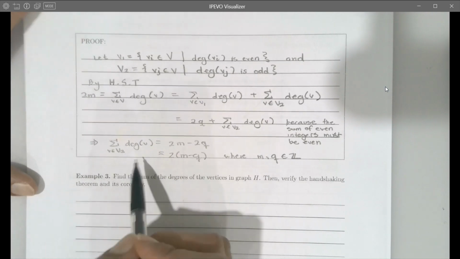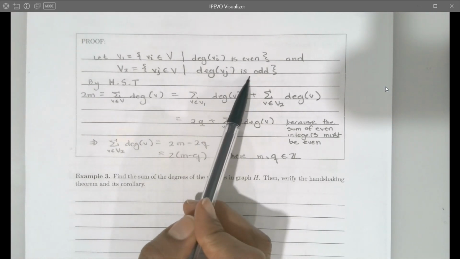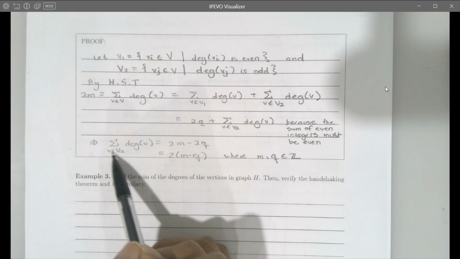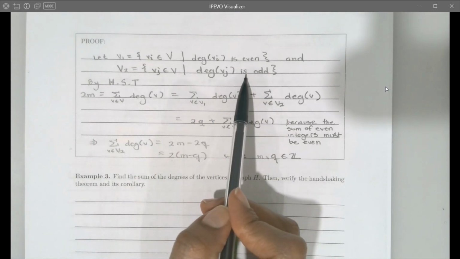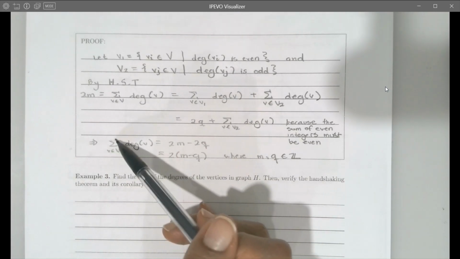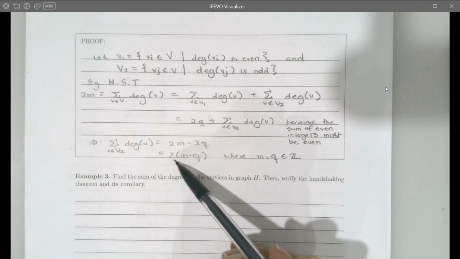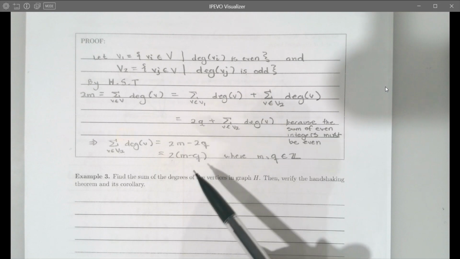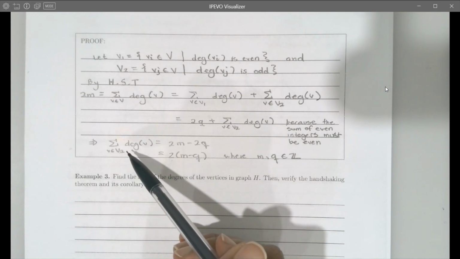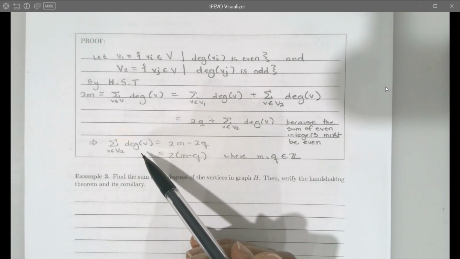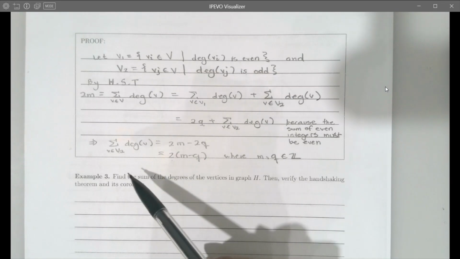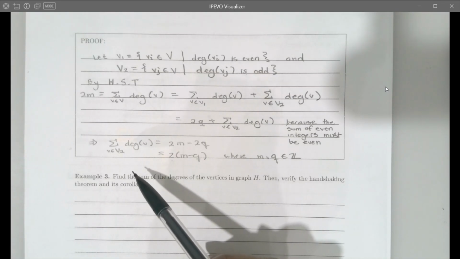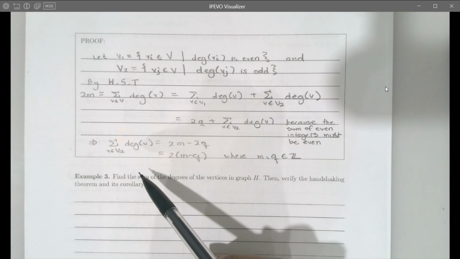Now notice what's happening here. We're adding odd numbers, right? These degrees of nodes in V2 are all odd. So we're taking the sum of odd numbers and ending up with an even result. The only way that can happen is if you have an even number of those odd numbers. Otherwise, if you have an odd number of odd numbers and you add them together, you're going to continue to have an odd result.